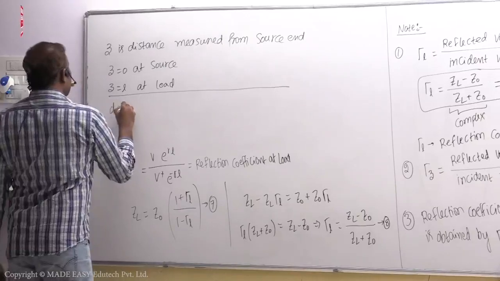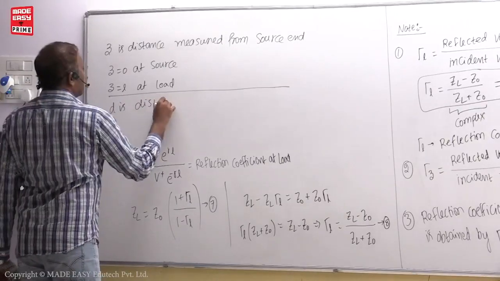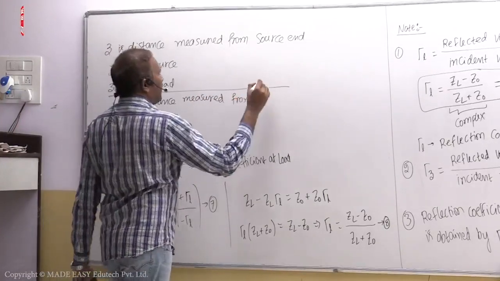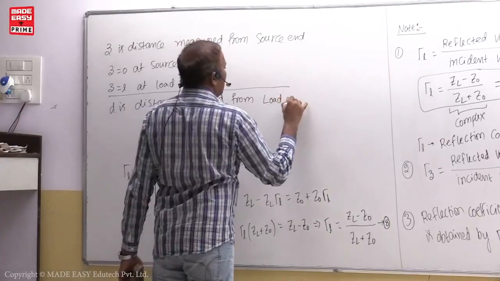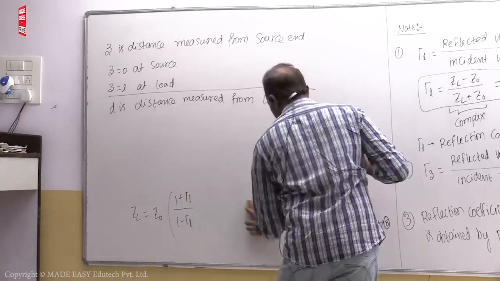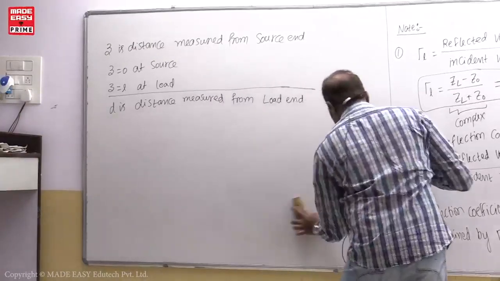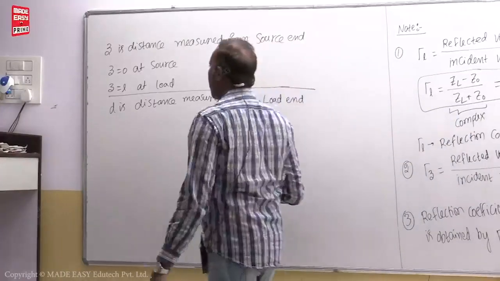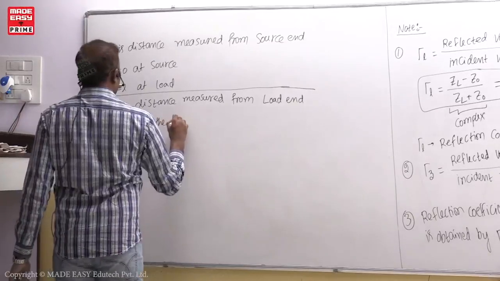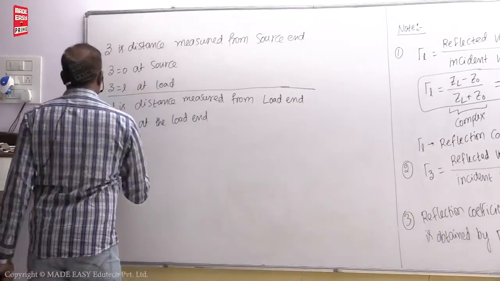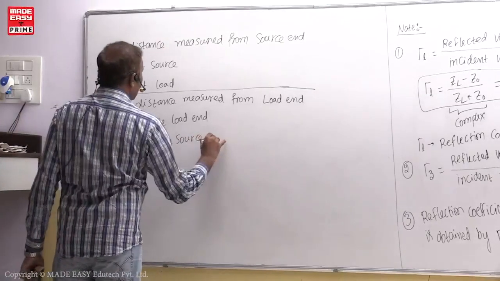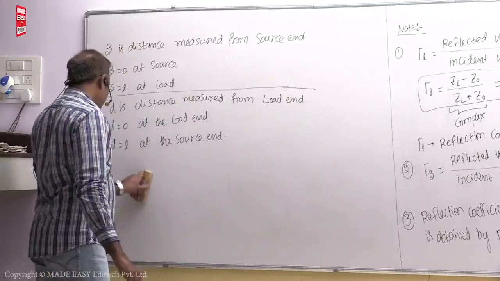So d is the distance measured from the load end. Now d equal to 0 means at the load end. d equal to l means at the source end. These are the meanings.